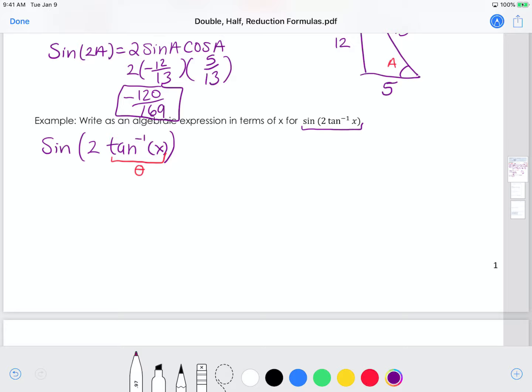So really what we're trying to do, they just wrote it in a different way, is finding sine of 2 theta in terms of x, and we define theta as the inverse tangent of x. Now we can rewrite that without the inverse, and we can say the tangent of theta is x, or x over 1. And then we can use that to make our triangle.